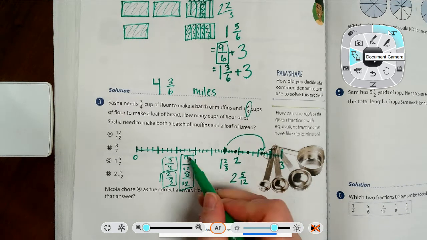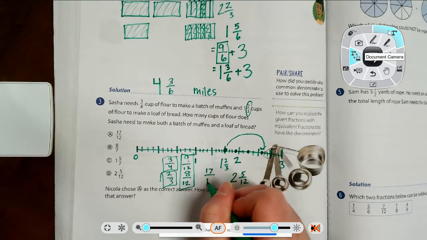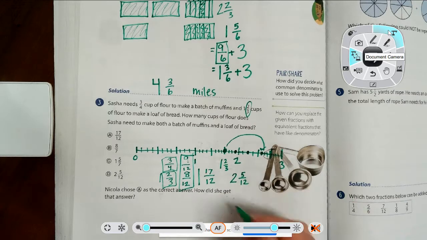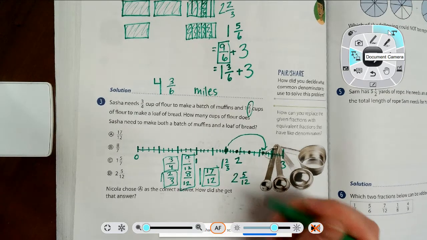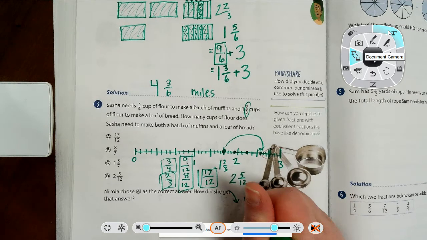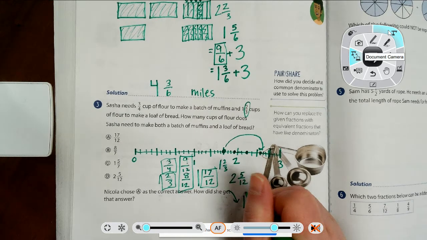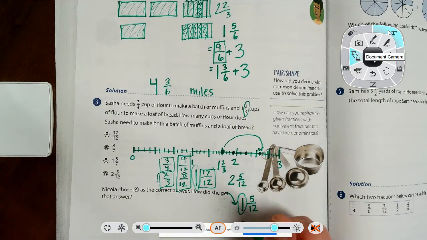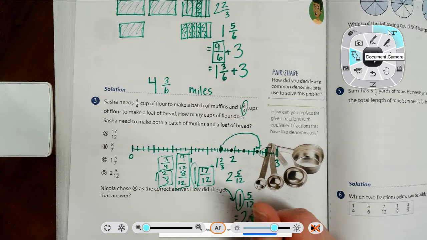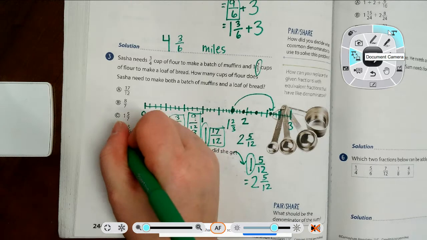Then I would have 9 plus 8, which is 17 12ths, plus my 1, but I can't leave this like that. 12 goes into 17 one whole time. There's 5 12ths left over, and then I need to add this one and this one together, so that gives me 2 and 5 12ths. So this is correct.